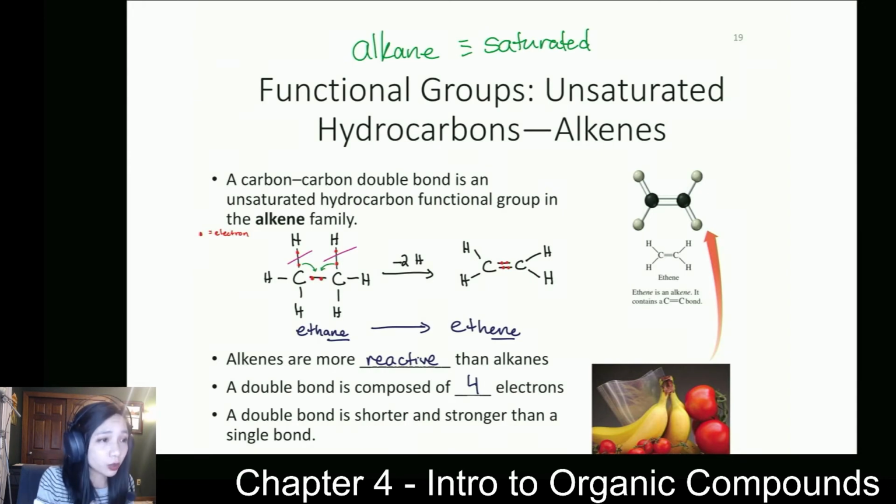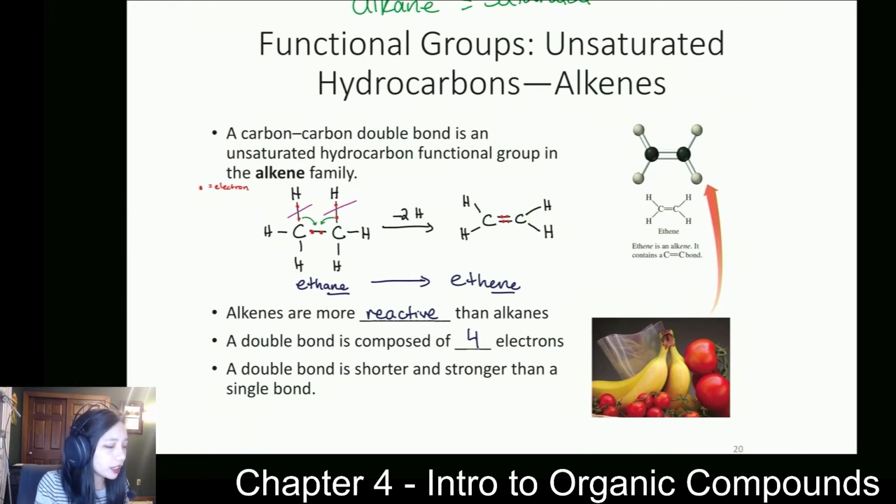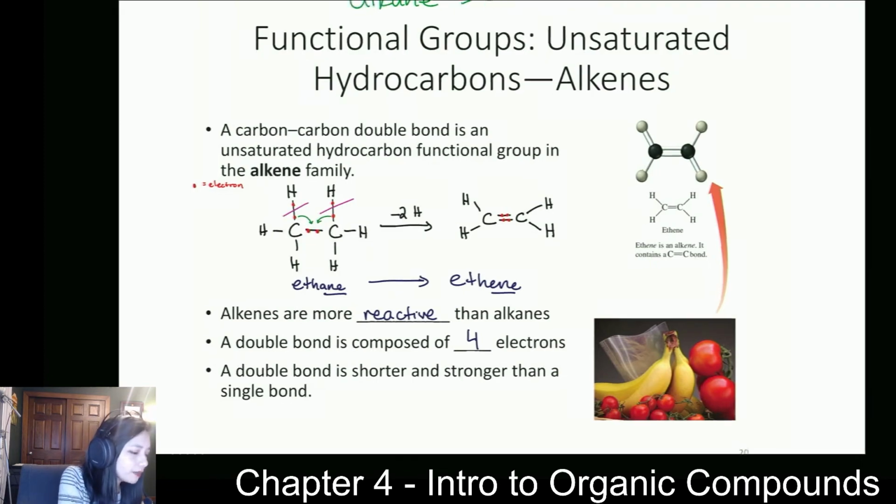They're saturated with hydrogens. But in unsaturated hydrocarbons, when we form double and triple bonds, we have to remove 2 hydrogens to turn a single bond into a double bond.